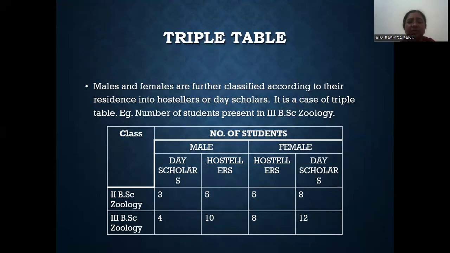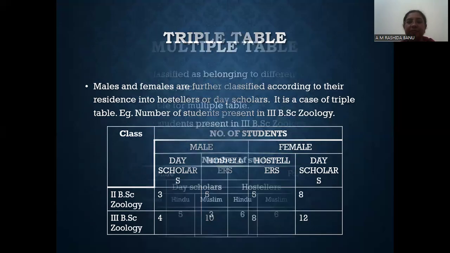Here in this table, in second BSc Zoology, 3 students are day scholars, male, 5 are hostel, male. In third BSc Zoology, 4 are day scholars and 10 are hostelers. Similarly, in second BSc Zoology, in female, 5 are from hostel and day scholars are 18 in number. In third BSc Zoology, 8 are from hostel and 12 are day scholars.